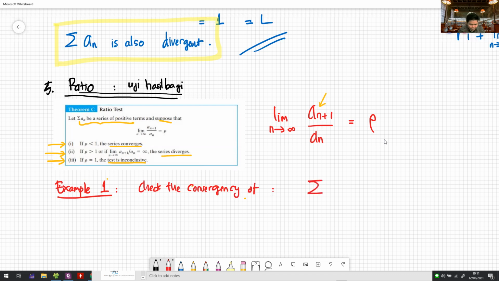This is the series: 3 to the power of n divided by n factorial, with n going from 1 to infinity.